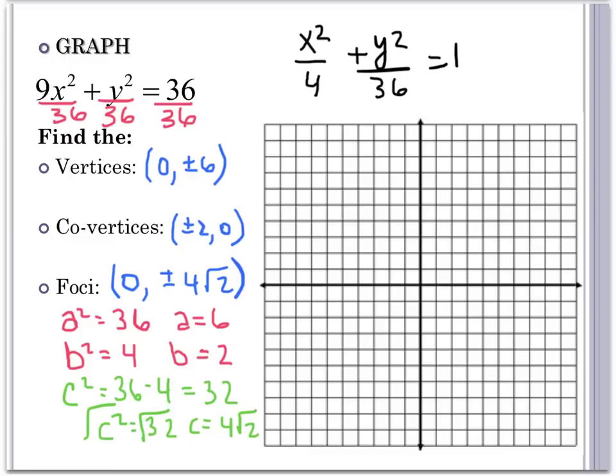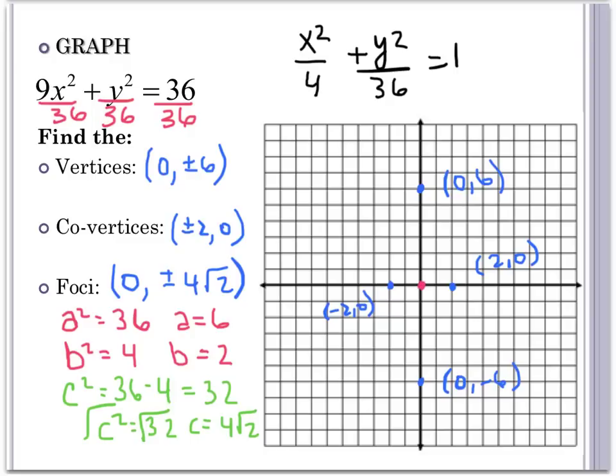So vertices at 0, positive 6, and negative 6. Co-vertices at plus or minus 2, 0. Of course, you want to make sure you plot your center, which I know is 0, 0.